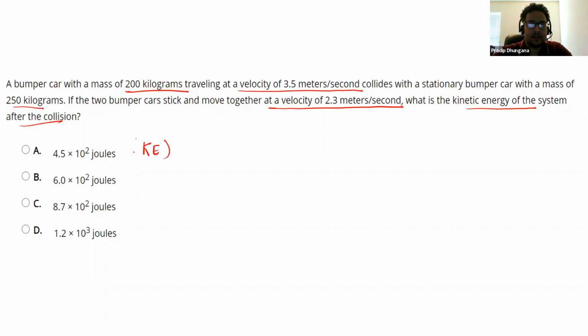So you have to calculate kinetic energy of the system after the collision. Kinetic energy, I'll write final, okay, final. Kinetic energy is 1/2 mass times velocity squared. So 1/2 mass of the first bumper car, mass is 200. Velocity, since we are calculating after the collision, they both move with 2.3 meters per second velocity, 2.3 squared.